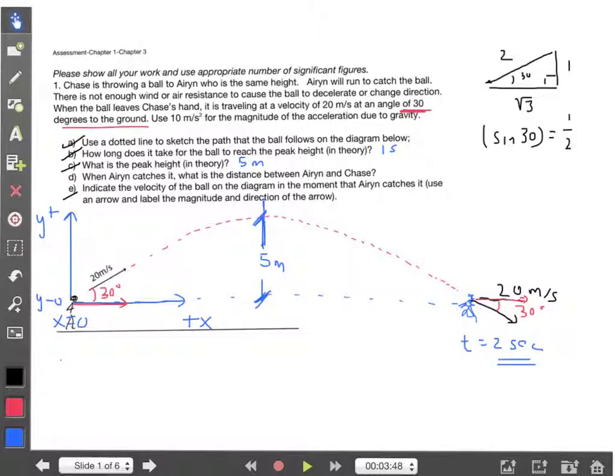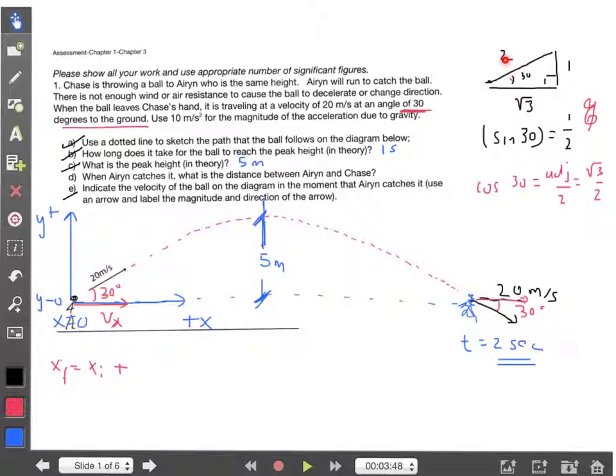We know that the distance x final is the initial distance plus the velocity in the x direction, which we know to be, now, the cosine of 30 is equal to the adjacent side over 2, or the square root of 3 over 2. 2 is, of course, the hypotenuse, so the cosine is the adjacent over the hypotenuse.